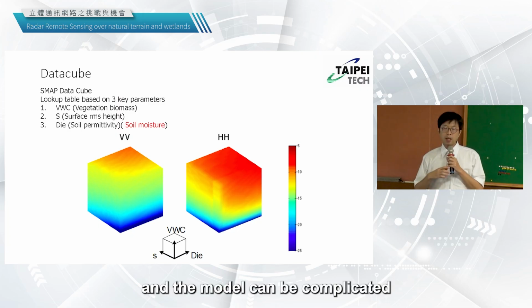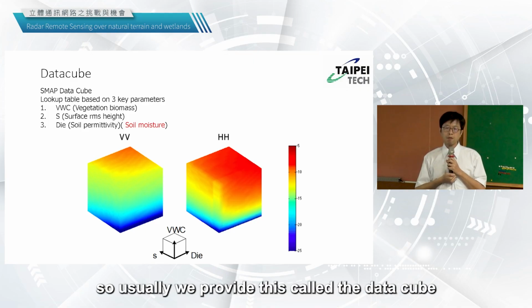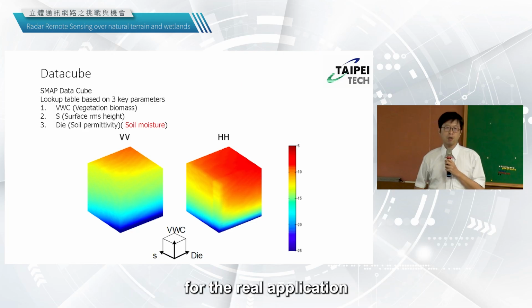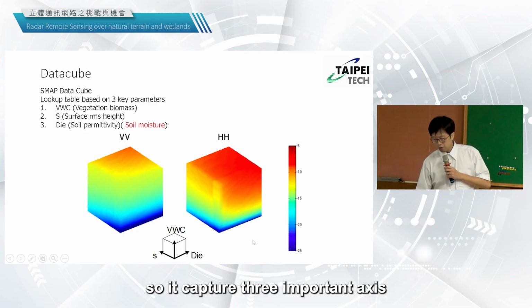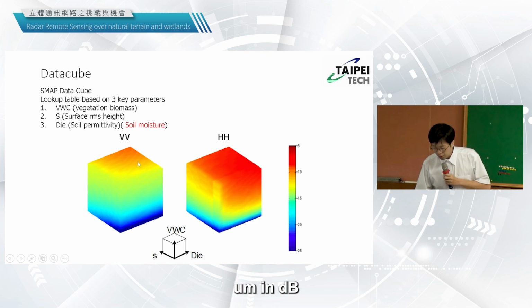And the model can be complicated. Even if it's a simple model, you need to run the model. So usually we provide what's called the data cube for the real application. So it captures 3 important axes. This just shows the VV and HH in dB.